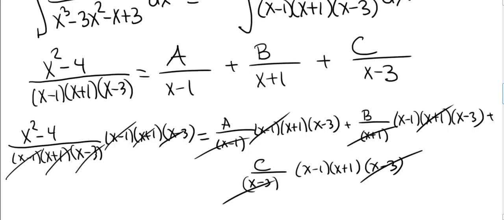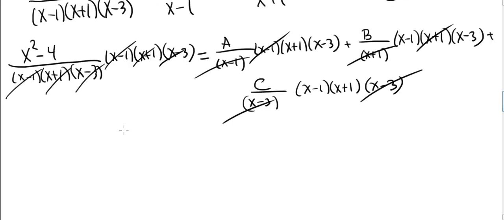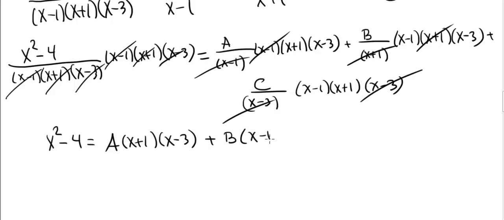So let's see what's left. We have x² − 4 on the left, a times (x + 1)(x − 3), plus b times (x − 1)(x − 3), plus c times (x − 1)(x + 1).